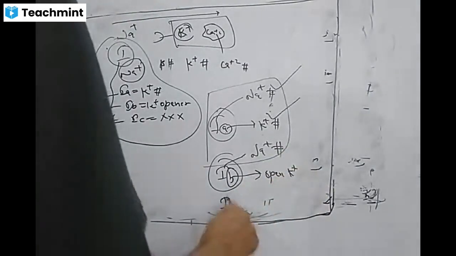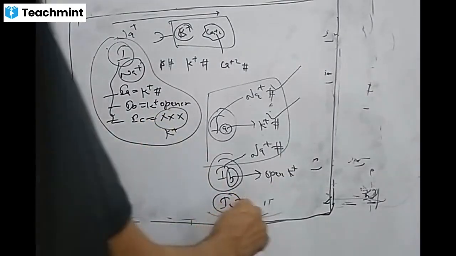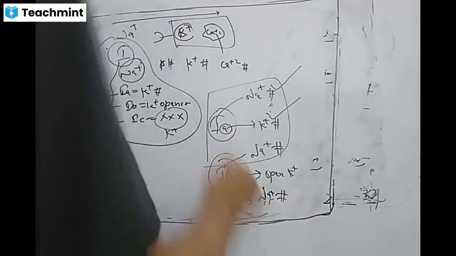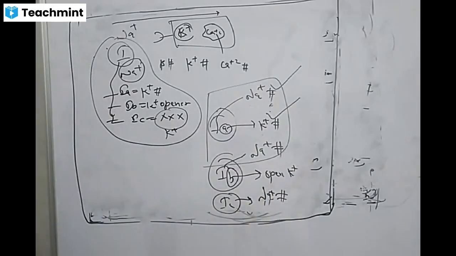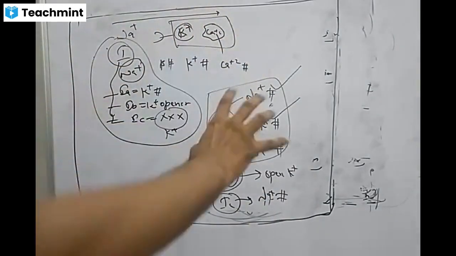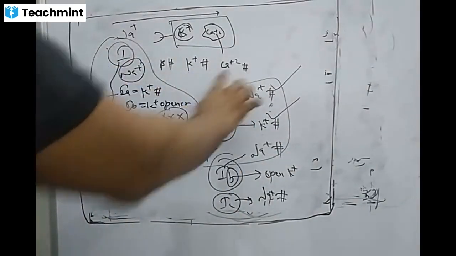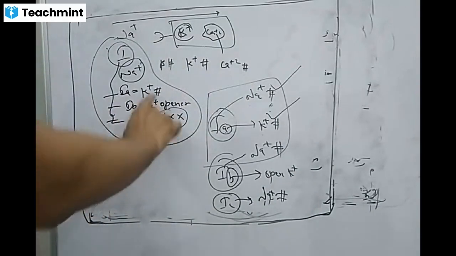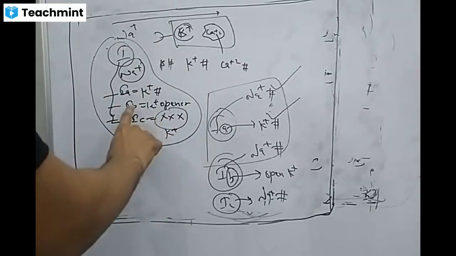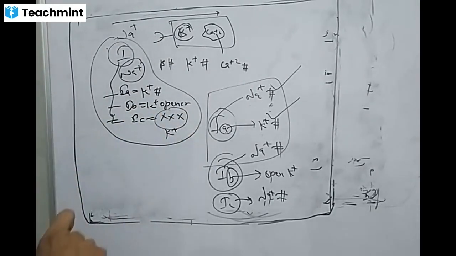For 1C, because there is no effect on potassium, they are only sodium blockers.